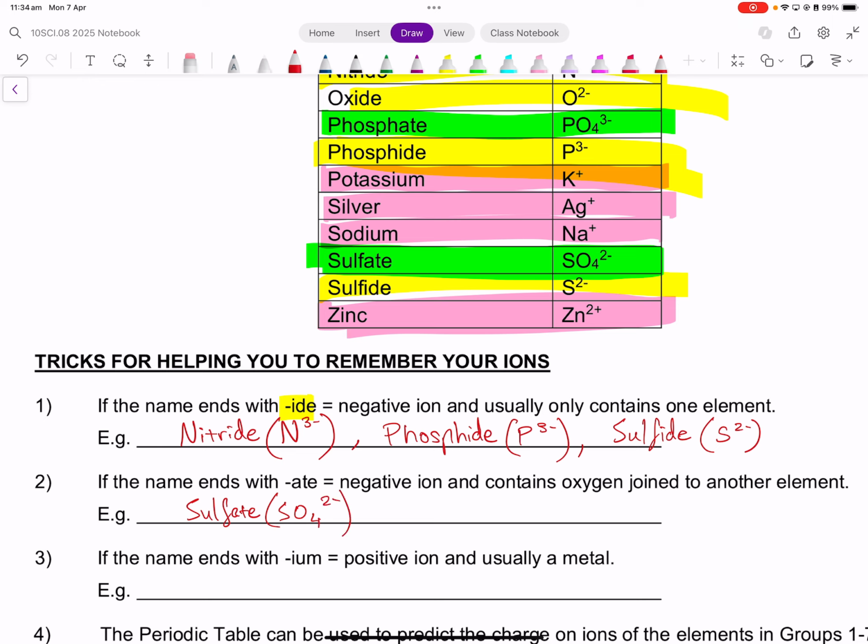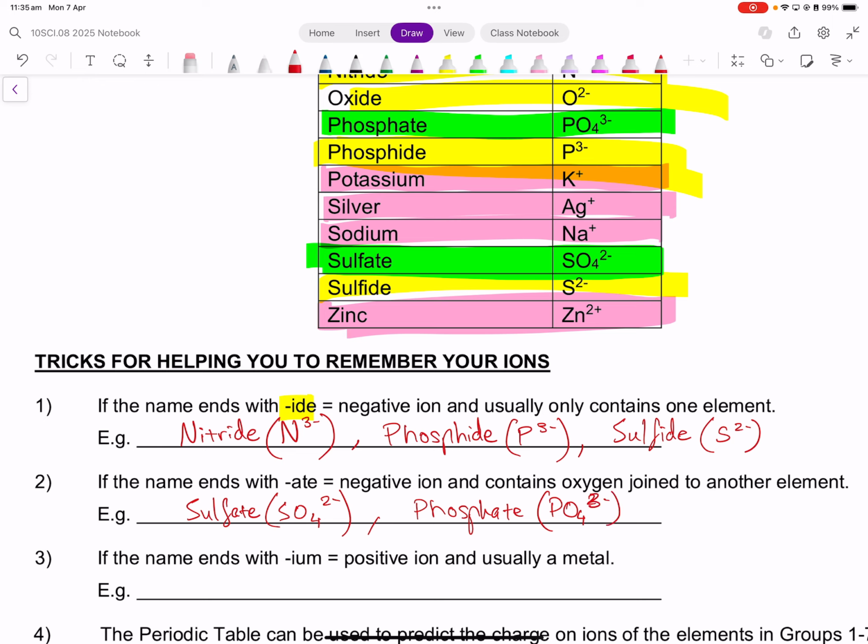Something I'd like to make really clear with SO4 2-: note that the 4 goes down the bottom, next to oxygen, and the 2- goes up the top. We're going to break this down in a second, and I'll just write the last one there, phosphate. Phosphate is PO4 3-.